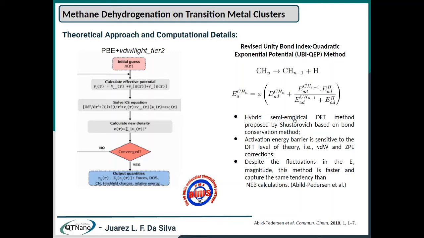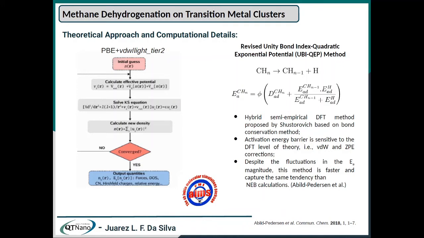However, this is a hybrid semi-empirical method which was proposed in the 80s by Shustorovich. It is also based on the bond conservation method, and as the activation energy directly depends on the adsorption, it is also sensitive to the DFT level of theory employed, as well as the van der Waals correction and ZPE.